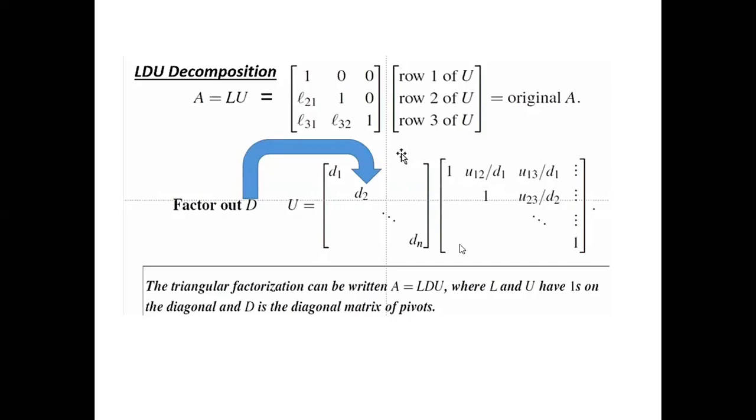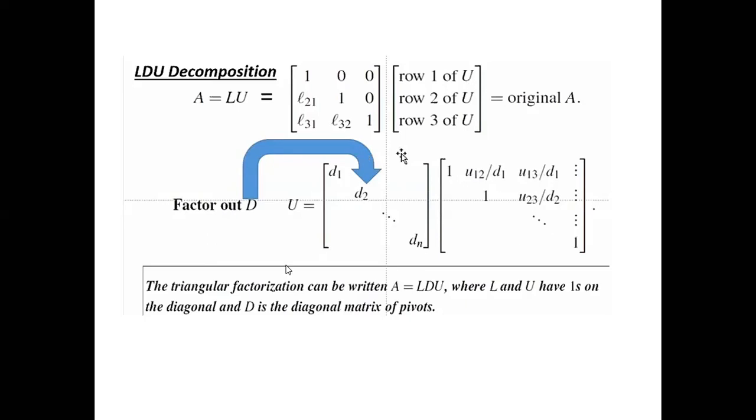All components below will be 0. This second component will be U12, that means whichever component was here originally divided by D1. This component will be whatever was present in row 1, third column, divided by D1, and similarly we go ahead.